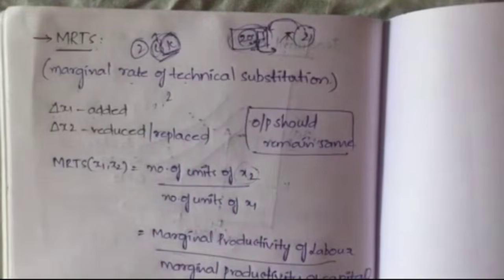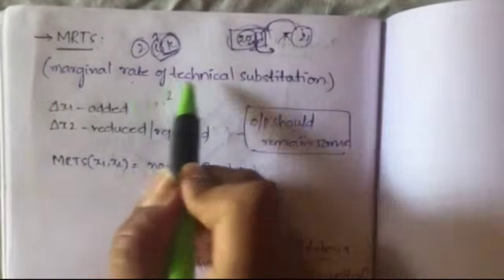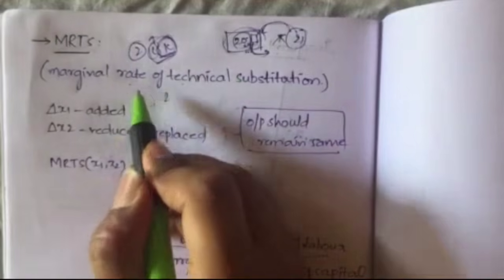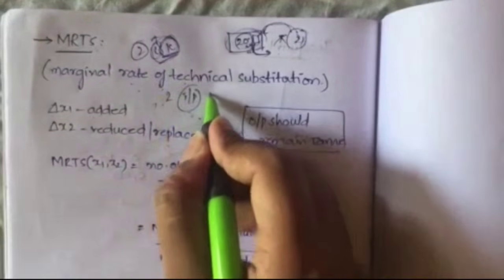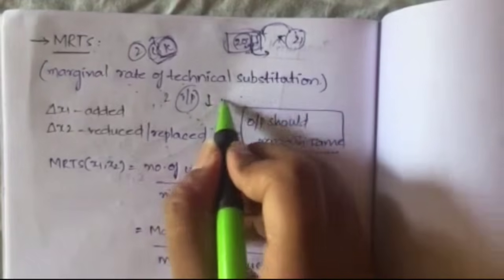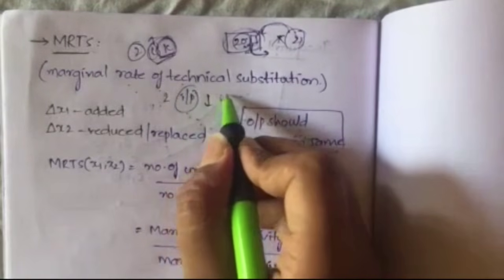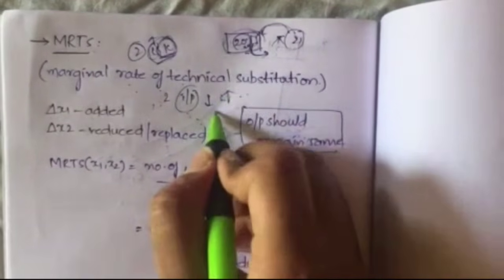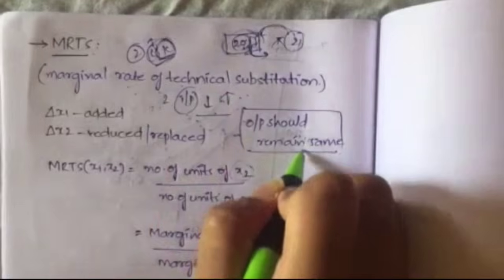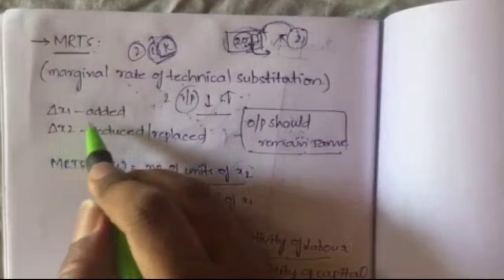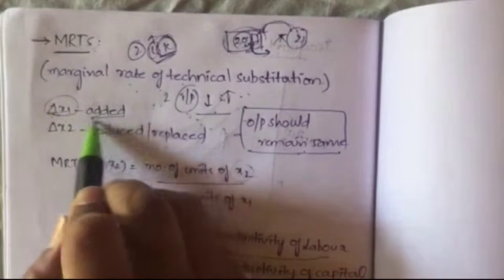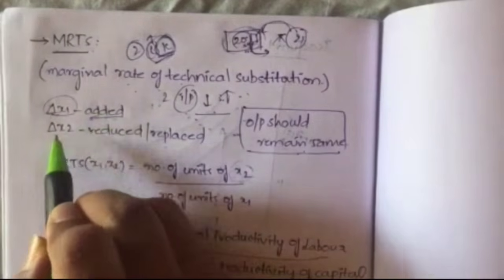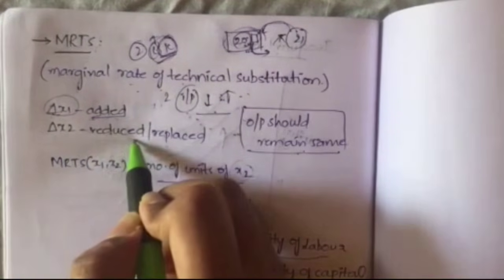We can state the definition of MRTS as the amount by which the quantity of one input factor has to be reduced when an extra unit of another input factor is added, while the output remains the same. Suppose delta x1 is the new quantity that you are adding, and delta x2 is the reduced or replaced quantity.